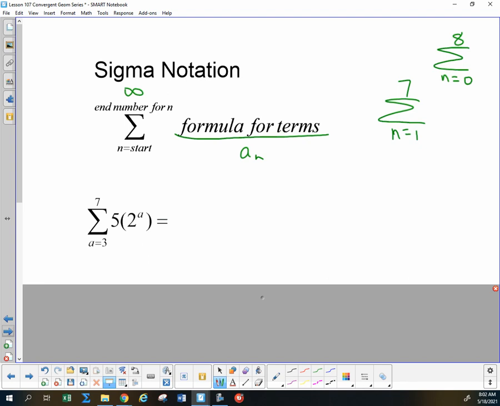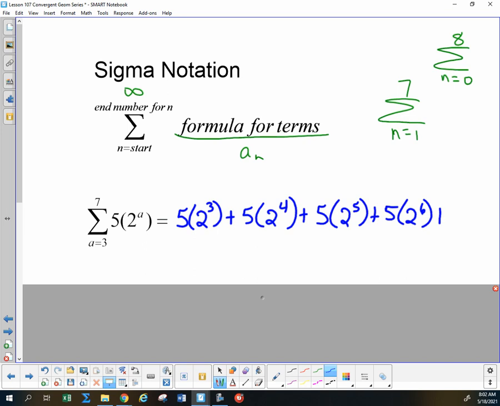So this one says that we need to take 5 times 2 cubed plus 5 times 2 to the 4th plus 5 times 2 to the 5th plus 5 times 2 to the 6th plus 5 times 2 to the 7th. We started with 3 and we kept going until we got to 7.